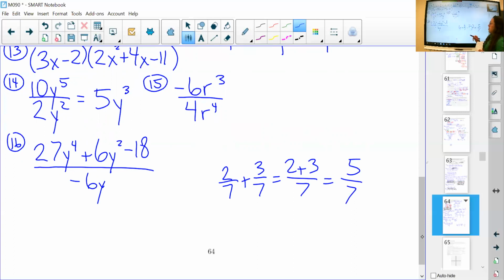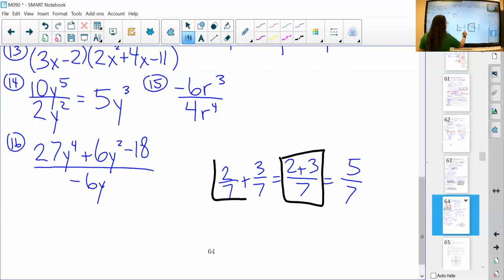What does that have to do with this? Well, I'm taking something that looks like this, kind of, and turning it into separate terms. I'm breaking it up. So I'm going to put every single term here over the negative 6y.